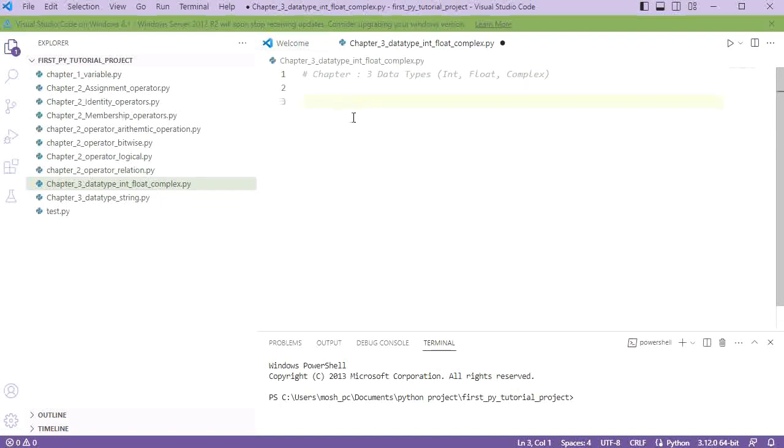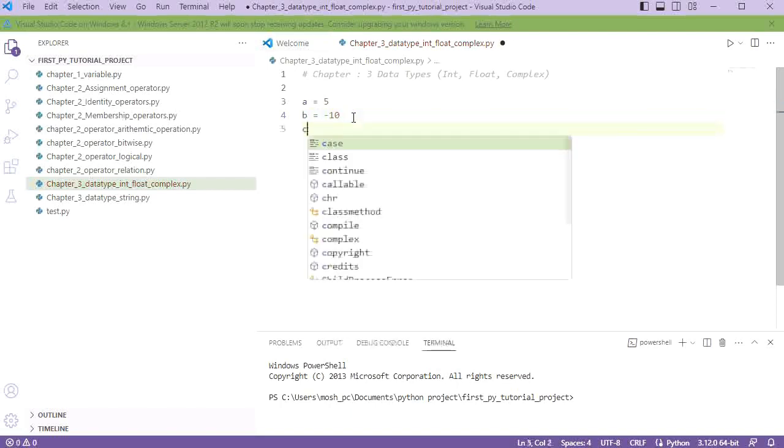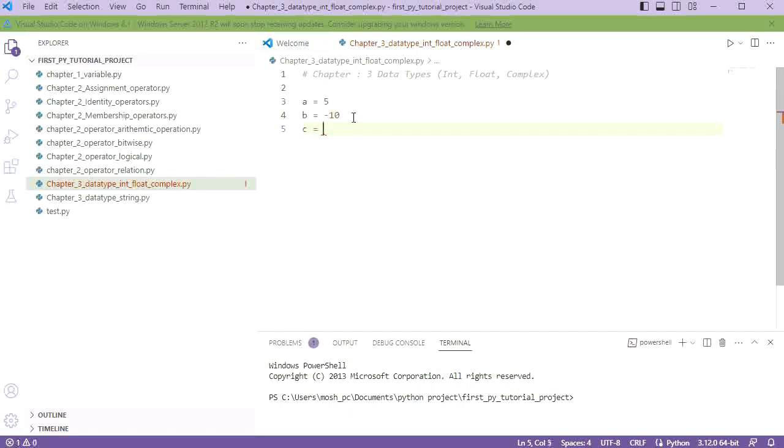An integer in Python represents whole numbers without any decimal point. It can be positive or negative. Note that integers must be without a fractional part. If it includes a fractional part, then it becomes a float.